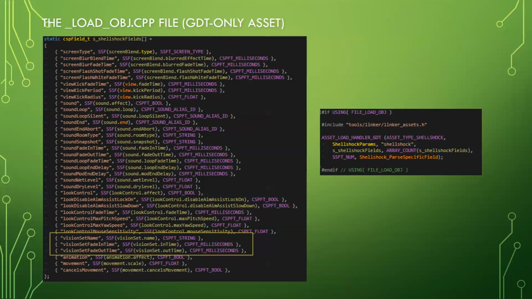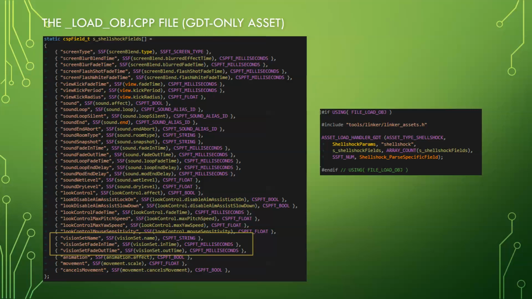And then on this next slide, we see we've used these 3 fields: vision set.name, .intime, .outtime. This is what I was talking about on the last thing, the asset load handler, the CSPFT_bool, that name. If you want to use your own asset type as something that can be included in this kind of format, you have to define it yourself.